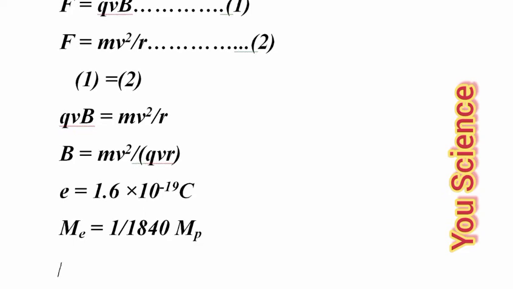So from here we can say that the mass of the proton is equal to 1840 times the mass of the electron.